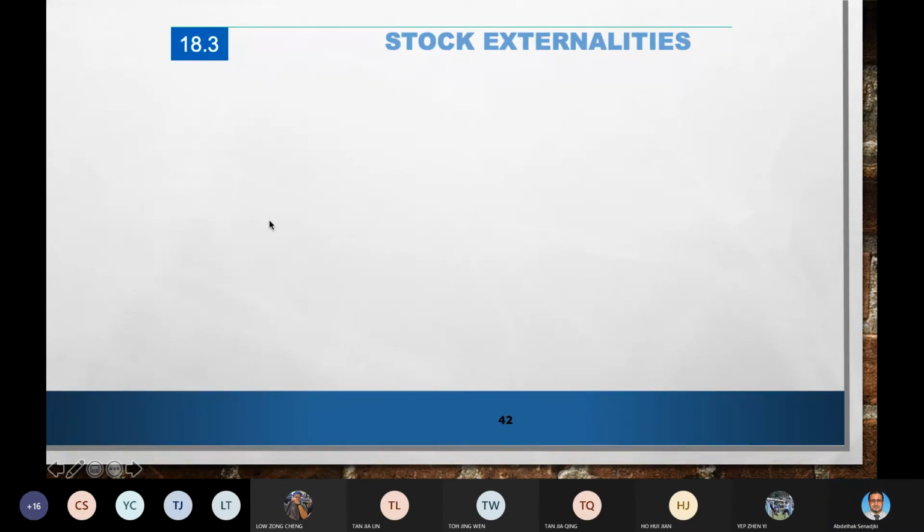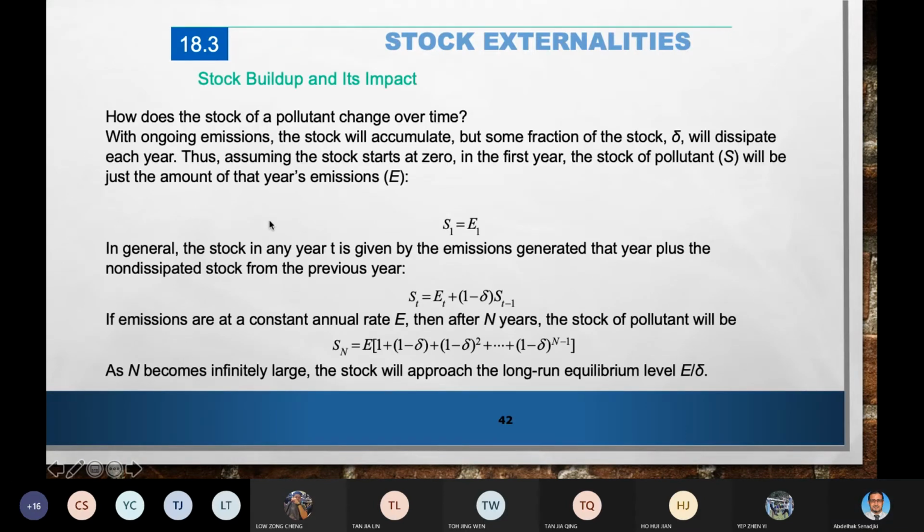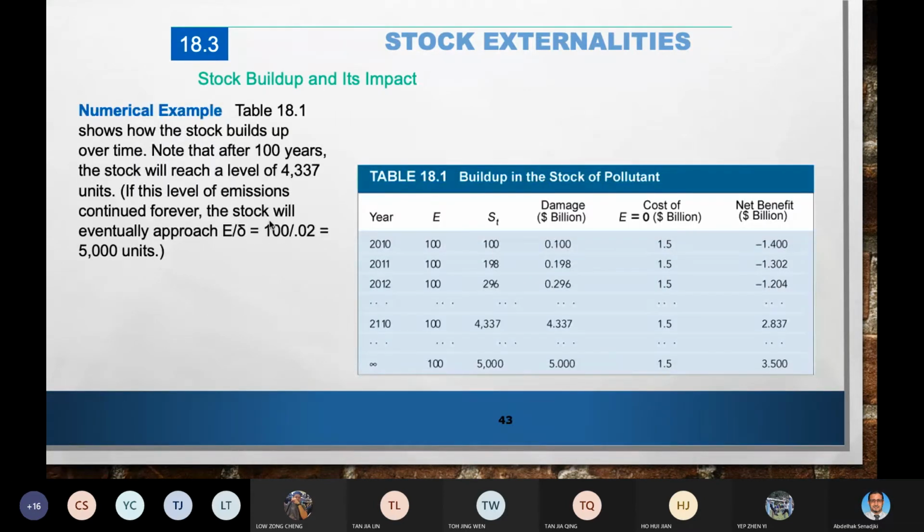Now, what happens if it goes to infinity? We say at infinity the stock equals E divided by lambda. Lambda here is 2%. I think it's not written in the table, but it is 2%, from here we can see 0.02.